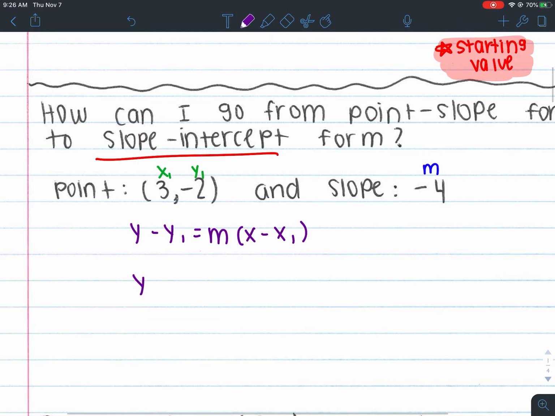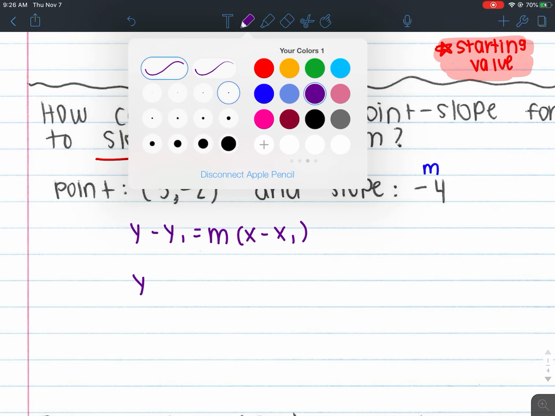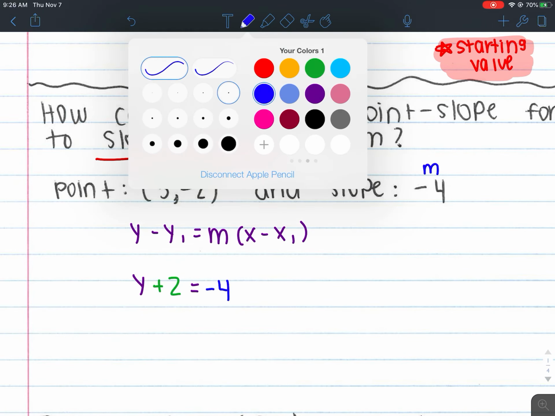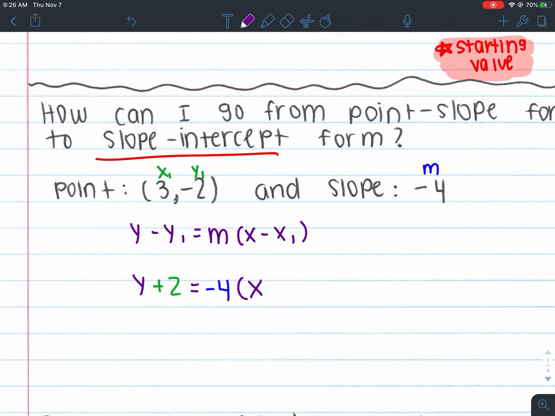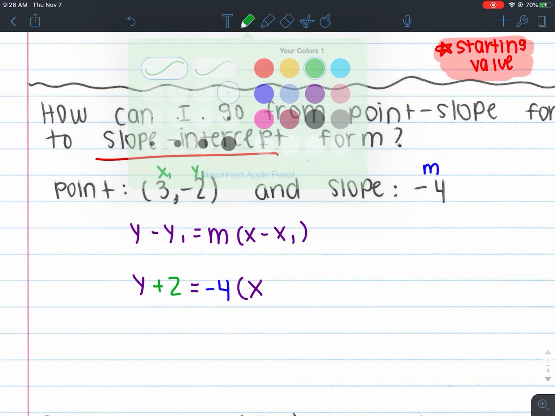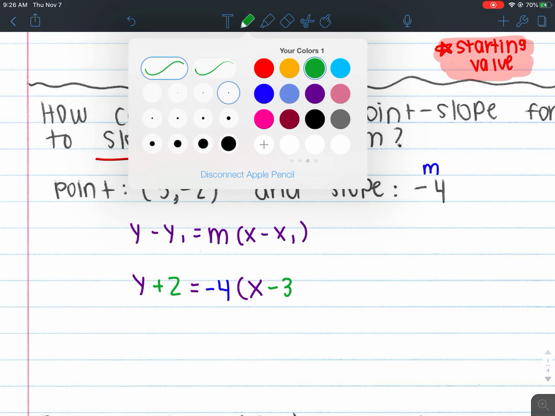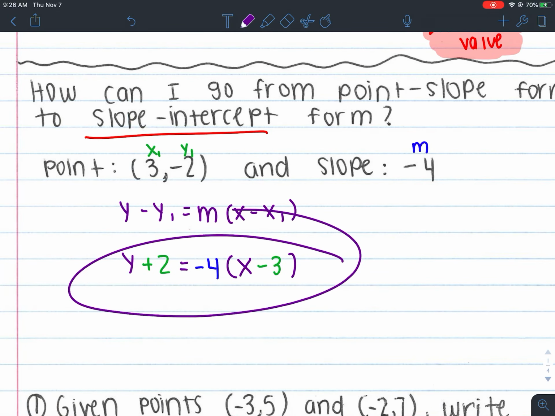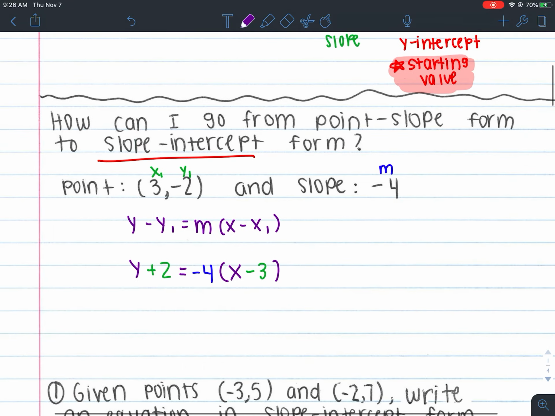We have y minus y1, and our y1 here is -2, but when I plug in, it's going to be +2, equals my slope, -4, times x minus x1, so that's going to be -3 because we have opposite signs. So here we have point slope form. But is this what the question wanted us to find? No, it wants us to go from point slope to slope-intercept form.